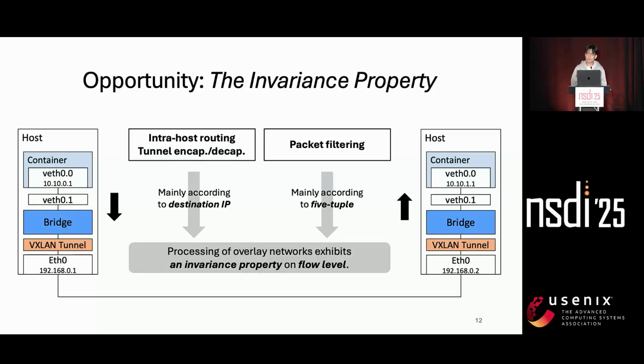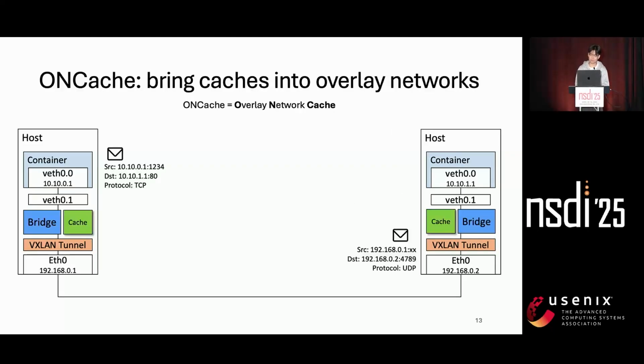So we can conclude that overlay network processing acts with an invariance property at the FIB tuple level, that is, the flow level. This invariance property inspires a key insight: we can introduce caches to store the invariant processing results for each flow, thereby avoiding repetitive overlay network processing. This is the core idea of ONCache.